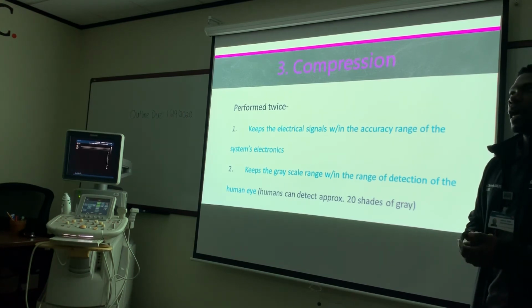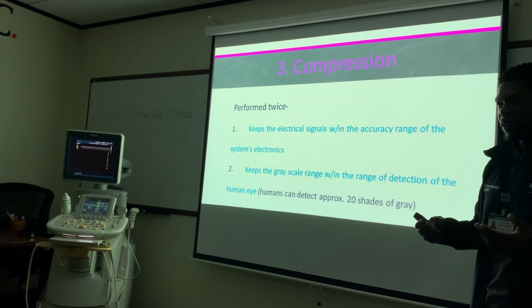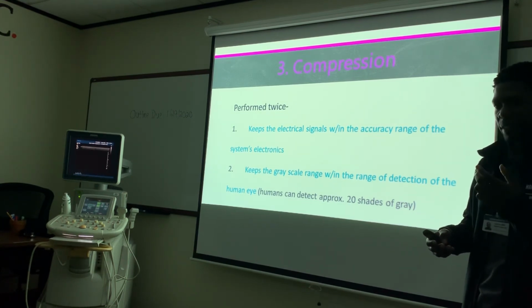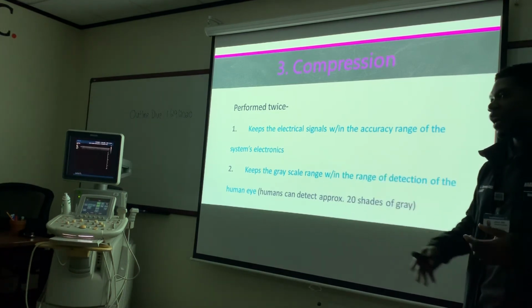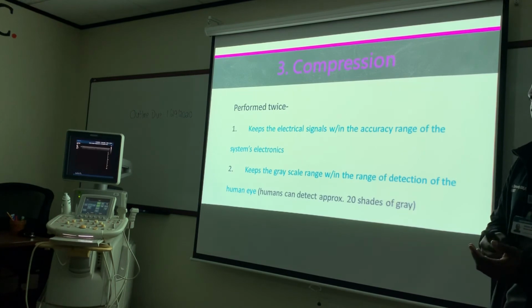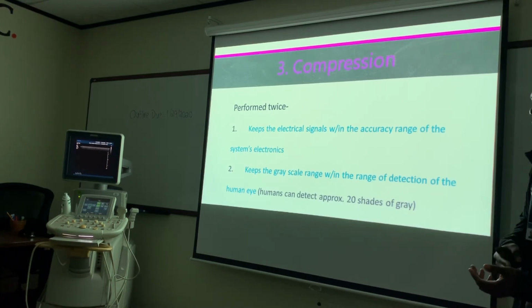How many shades of black are there? It's a lot, right? In reality, there are a lot of shades of black that our eyes can't always see, just like the machine can't always detect those differing electrical signals when they come back. So the first compression is done to keep the electrical signals within the accuracy of the system's electronics, so it can be displayed on the image.